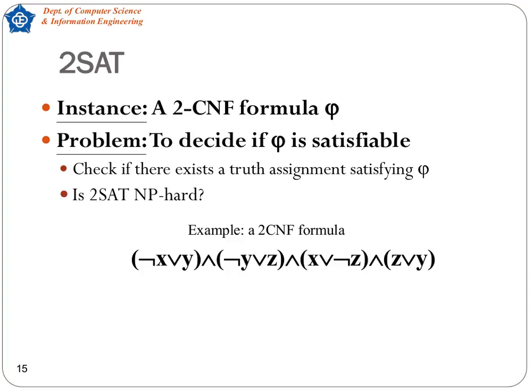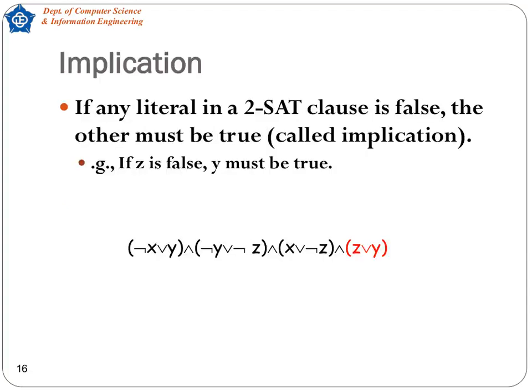Building on our example, let's dive into implication in 2-SAT. In a 2-SAT clause, if one literal turns out false, the other must be true to keep the clause satisfied. Equivalently, we can read a clause of the form (not A or B) as: if A is true, then B must also be true. For instance, take the clause (Z or Y).